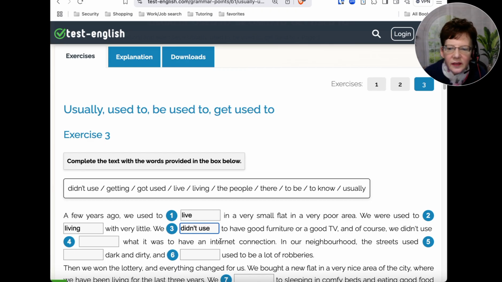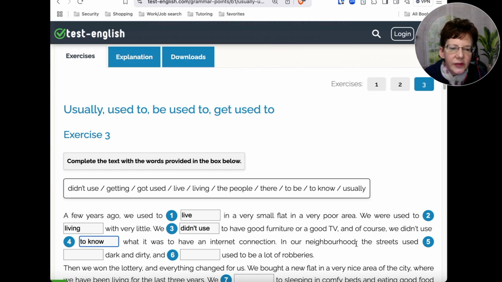Of course we didn't use to what it was to have an internet connection. This is a non-action verb, so it would be to know. Infinitive form.